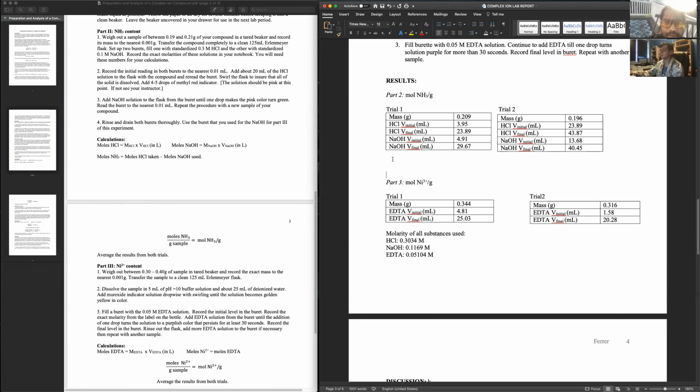You have the volume in milliliters, and you have to find the moles.